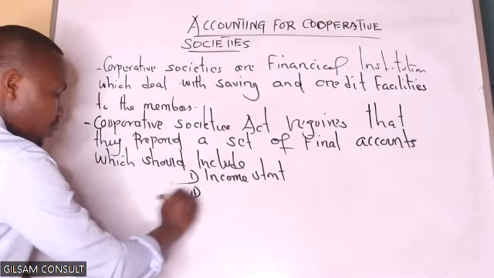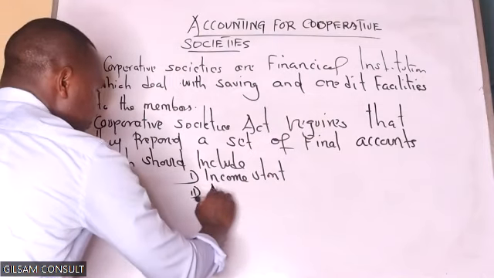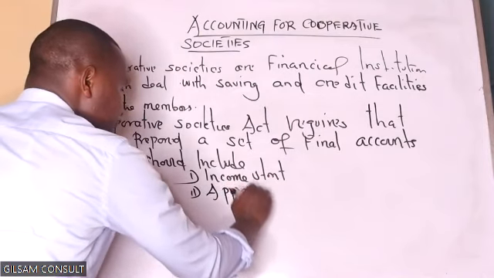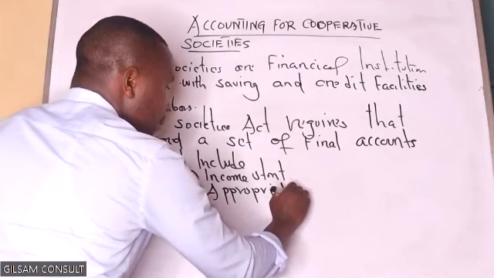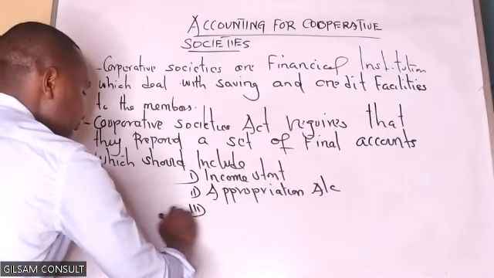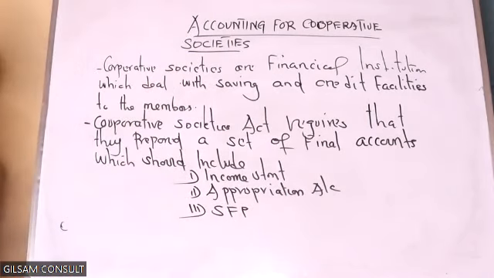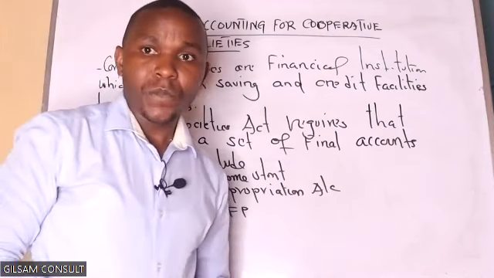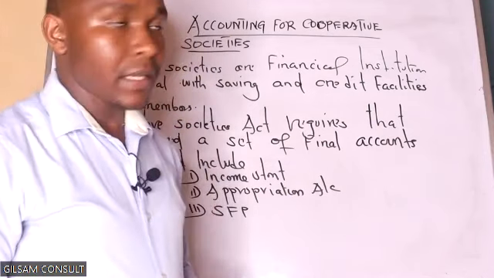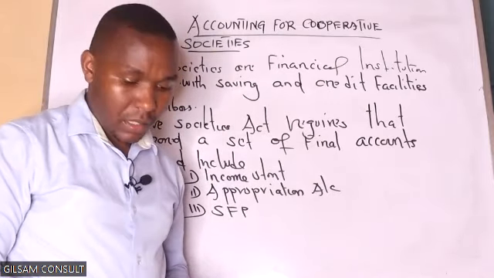Number two, appropriation account. And number three is the statement of financial position. So these are the three statements which the Cooperative Act needs the cooperative societies to have in their books of account.